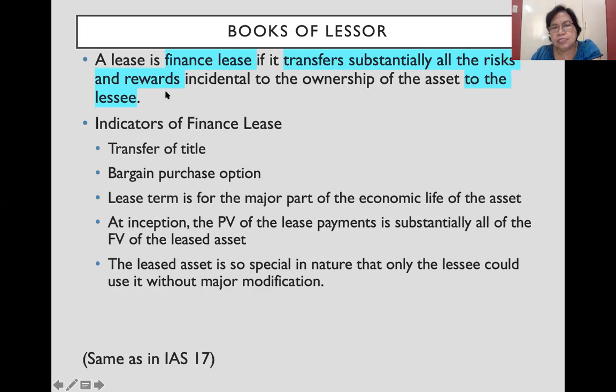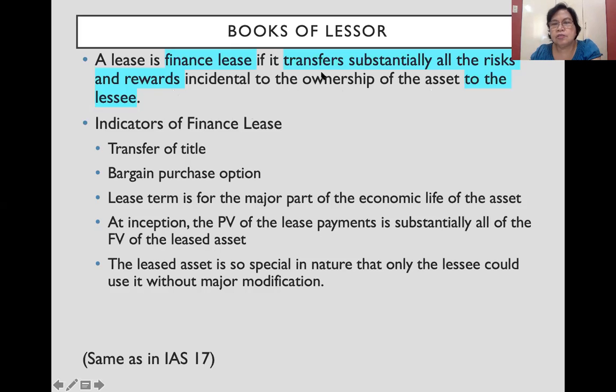Whereas rewards transferred to the lessee may be in the form of cost reduction or revenues that may be generated by the lessee from the use of the asset being leased. Therefore, the economic benefits from the asset have been transferred from the lessor to the lessee.